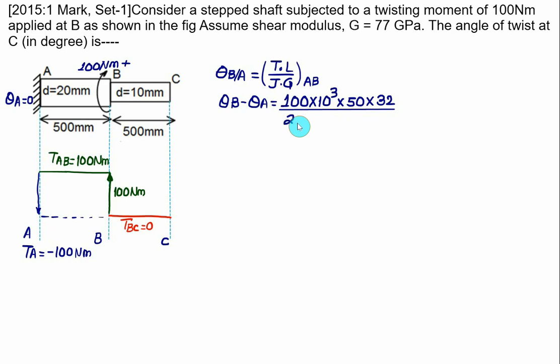So we have 20 to the power 4 into modulus of rigidity G, which is equal to 77 giga. We have to use mega, so we will multiply by 10 to the power 3.